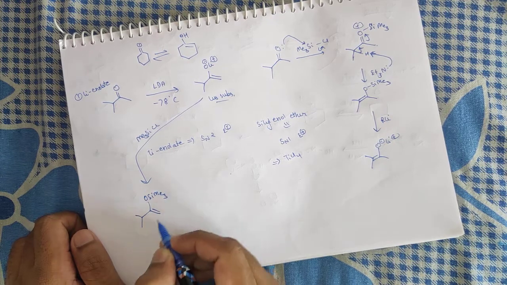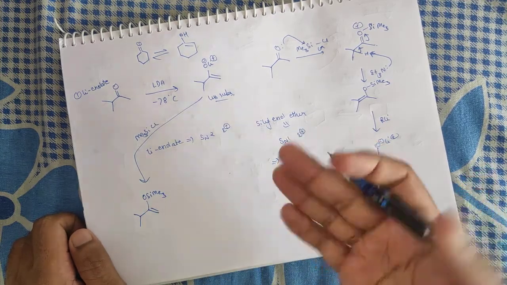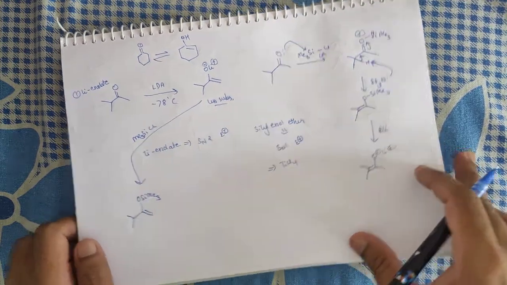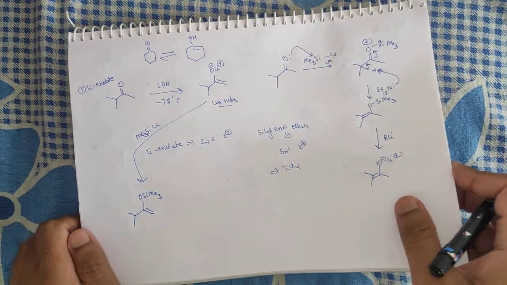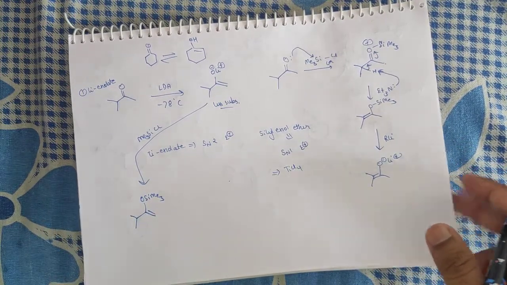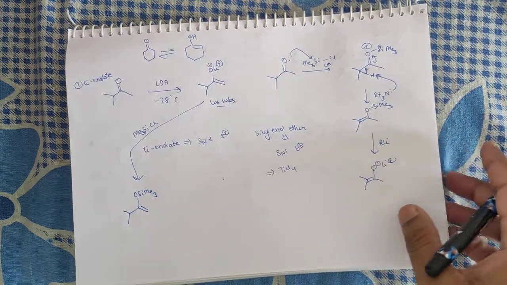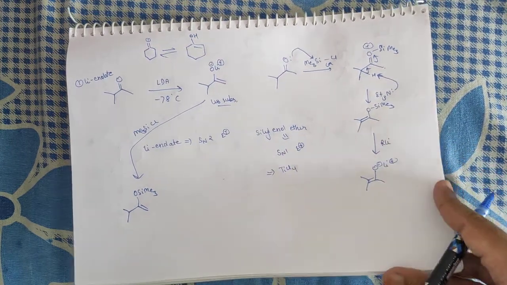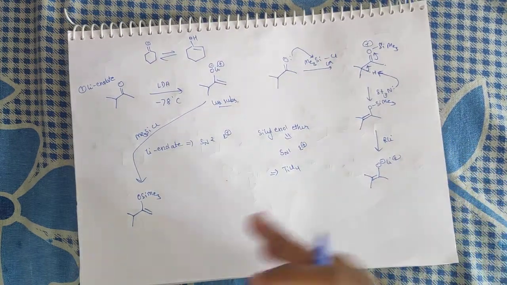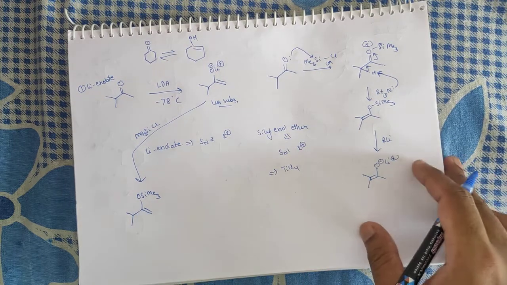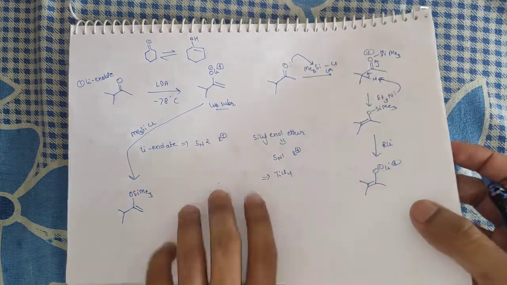Now you can react it with SN1 reacting electrophiles. So these were the two important enol equivalents if you want to carry out the reactions with SN1 reacting or SN2 reacting electrophiles. So you just have to decide how to carry out the reactions.